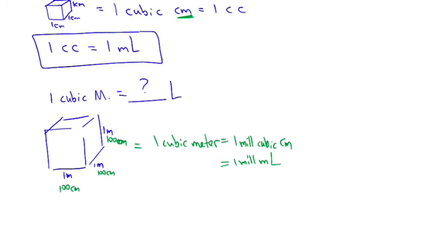So the next question is this. 1 liter equals how many milliliters? 1,000. So 1 liter equals 1,000 milliliters.